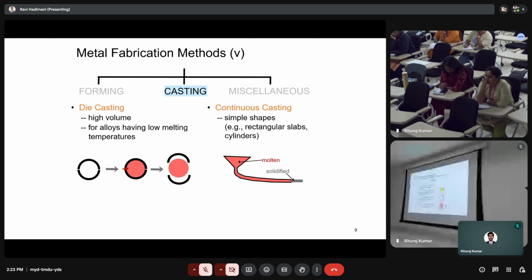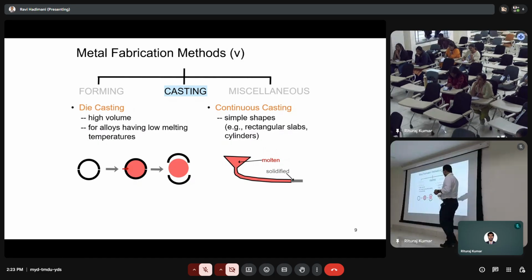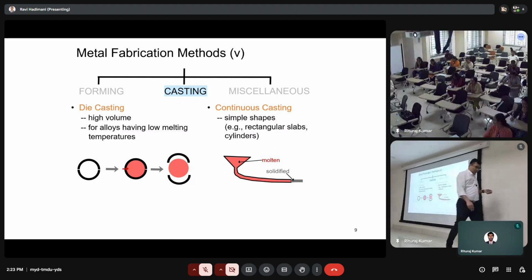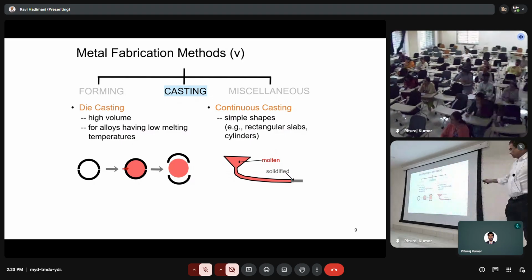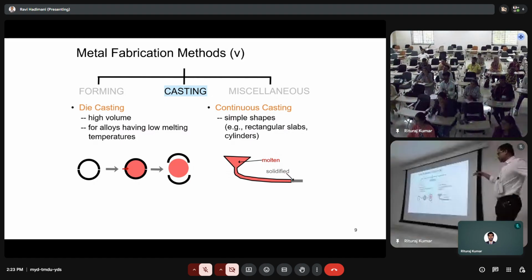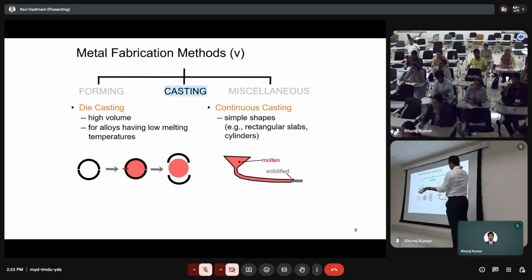And then there is die casting, which is used for high volume. Usually automobile parts are done with die casting, especially aluminum, wherein you put the molten metal in two dies. Usually they are two parts, and you fill it and you separate it.